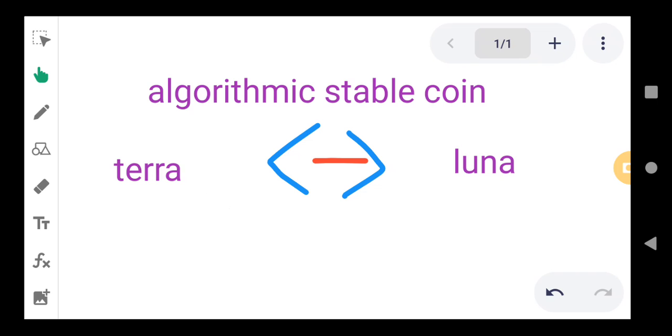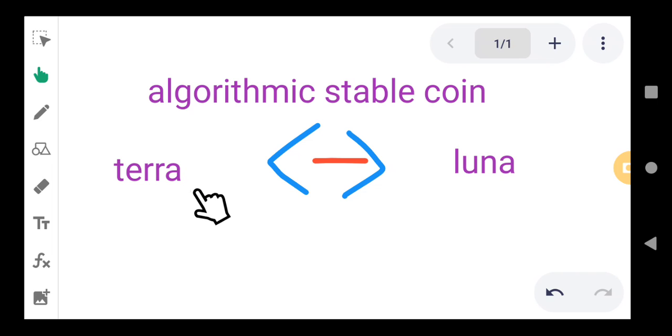So even though there is an arbitrage opportunity to make a 5-cent profit, people don't think that these cryptocurrencies are going to last forever, so they want to get their money back as soon as possible. Instead of doing the arbitrage trade, they will not buy Terra to earn the 5-cent profit.